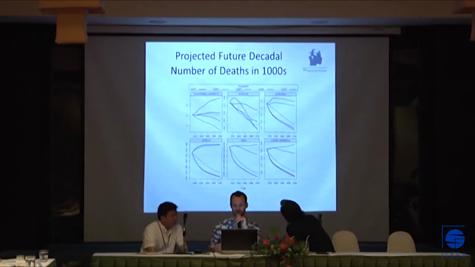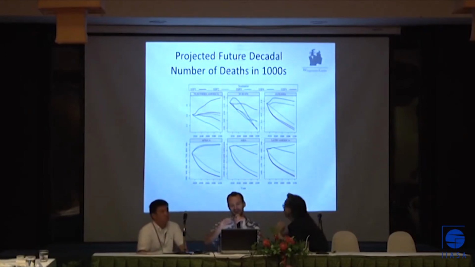I haven't really had much time to do that, but you will probably see that there are many kinks here in Europe, for example, but also in other regions. This is because I calculated the number of deaths first for individual sub-regions within these larger SSP regions, and different sub-regions within the larger regions turn from positive growth to negative growth in different decades, and therefore you see these kinks, these breaks here at times.